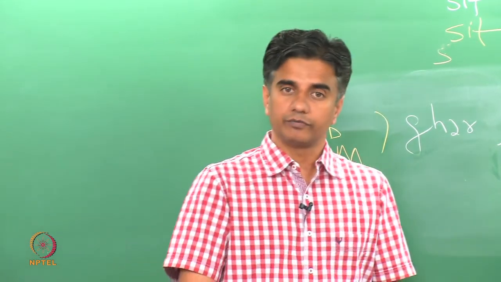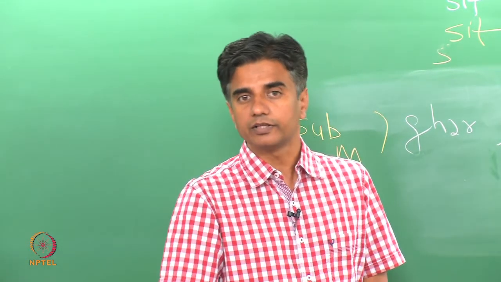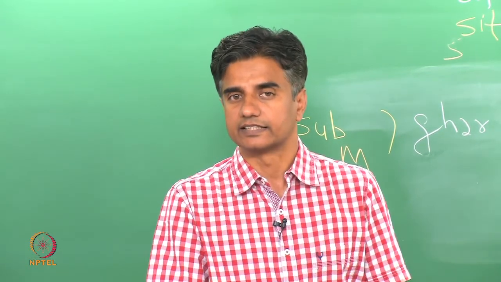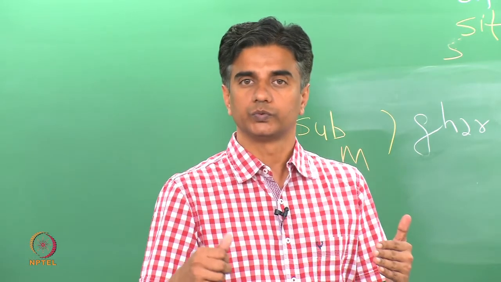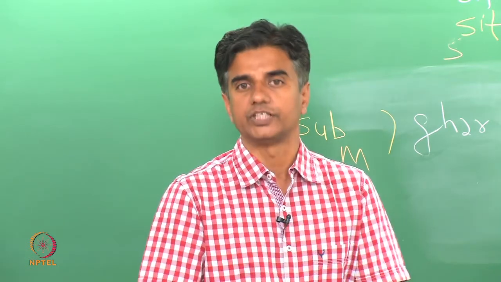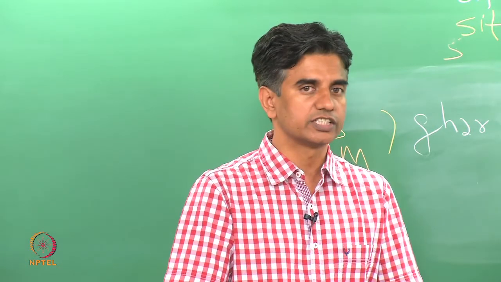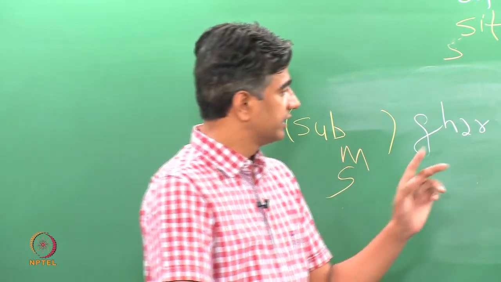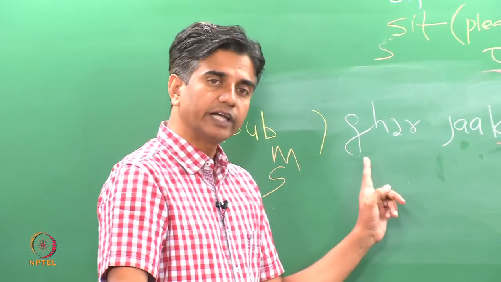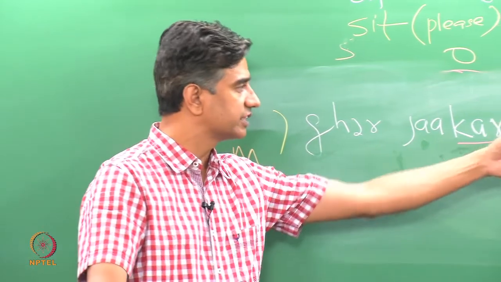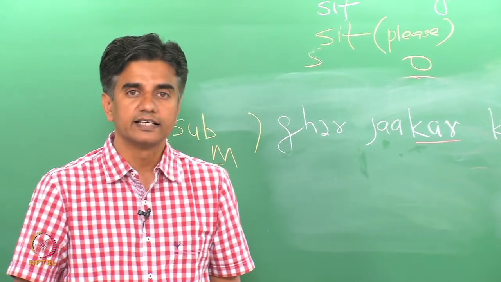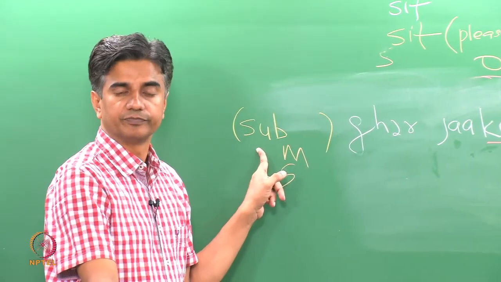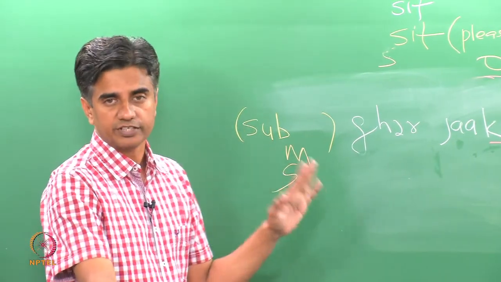So, the major function of conjunctive participle is to put actions in sequence. They conjoin two actions in a particular sequence, and they do not take part in agreement at all. At the same time, no matter how many of these conjunctive participles appear in a sentence, each one of them will be referring to the same subject, will be talking about the same subject in the sentence.